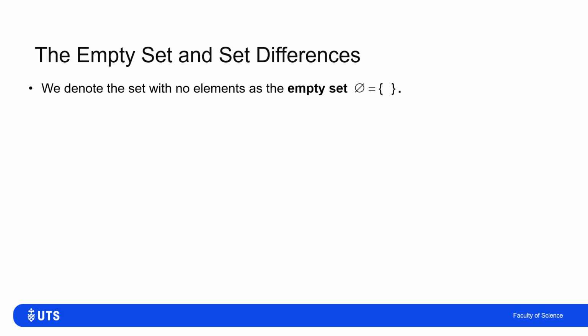There are two different ways of denoting the empty set, one of which just involves opening a set with a curly bracket and immediately closing the set with an opposite curly bracket. So we open the set and we close the set and we put no elements in. Or more commonly, we'll denote the empty set with a circle with a diagonal line through it, the set with no elements.